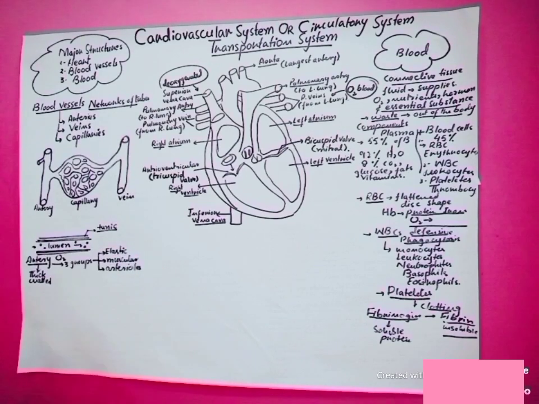Elastic artery contains more elastin, and they are thick so that they can bear more pressure. They are present near the heart, like aorta. Muscular artery is present in our organs, and most of the arteries are muscular artery.